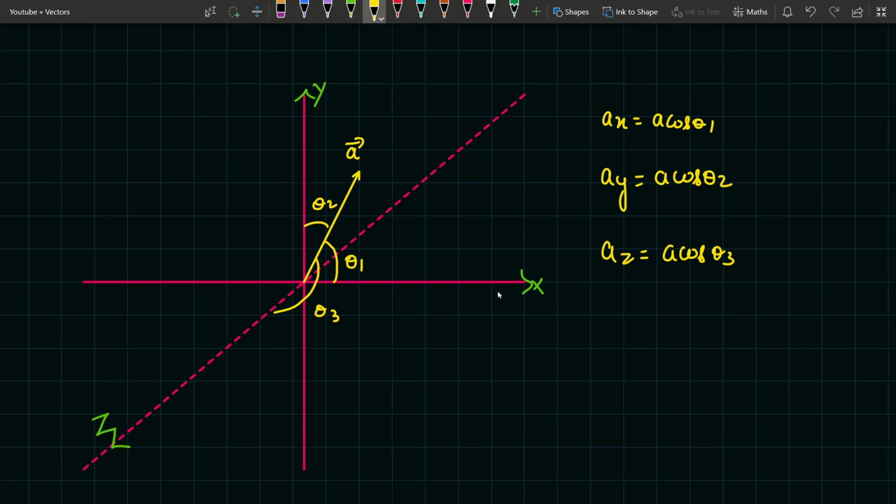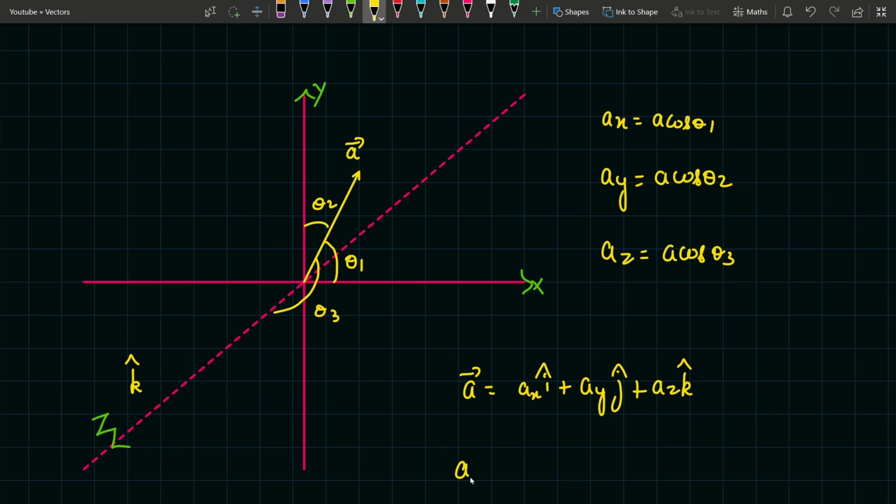Now we already know that the unit vector along the x-axis is i cap and along the y-axis is j cap, and the unit vector along the z-axis is k cap, which I am now introducing. As an extension to the two-dimensional case, I can write the vector A as the summation of the 3 components: ax i cap plus ay j cap plus az k cap.